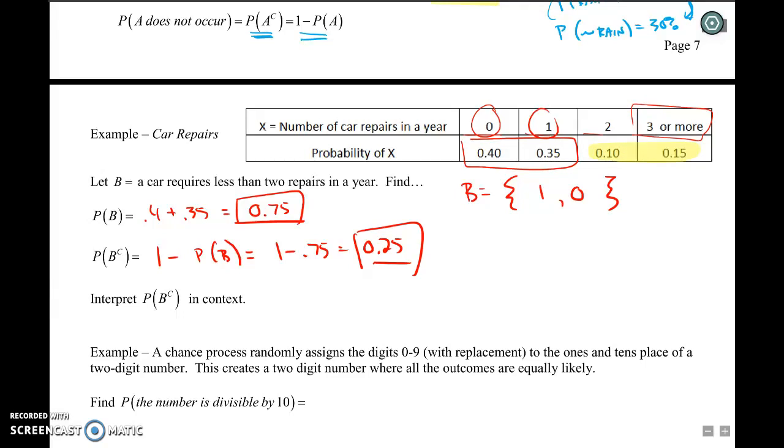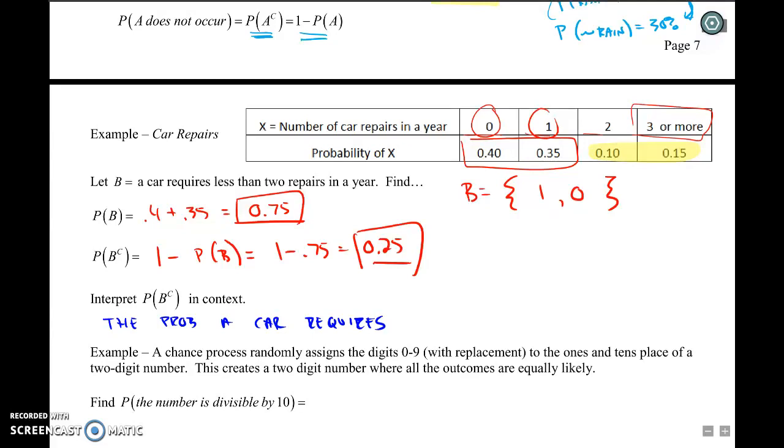Interpret B complement in context. This is the probability a car requires... So what's the opposite or the complement of less than 2 repairs?